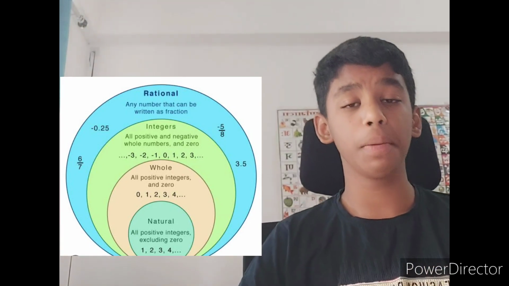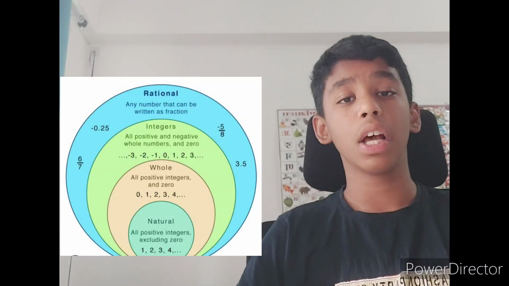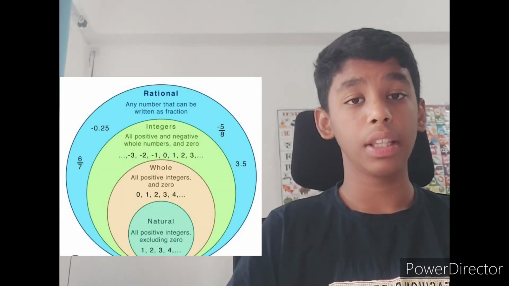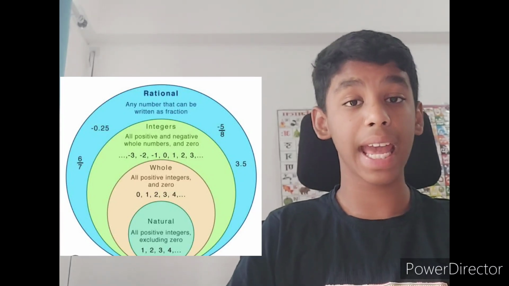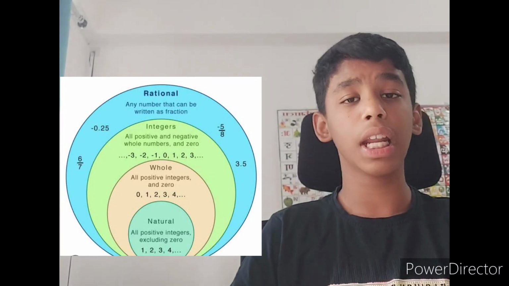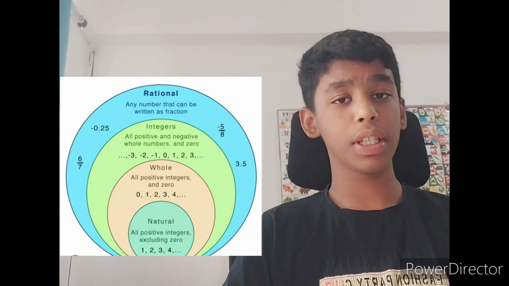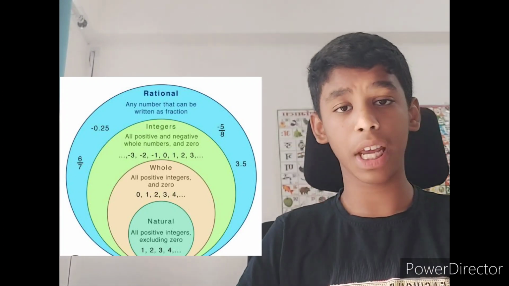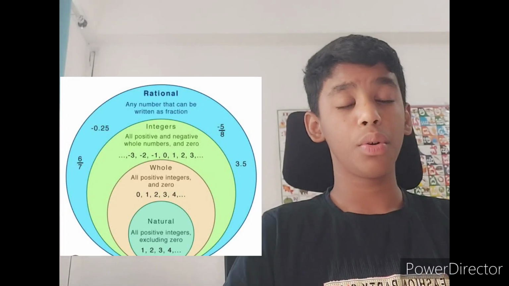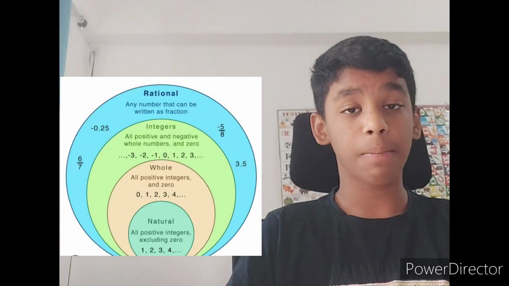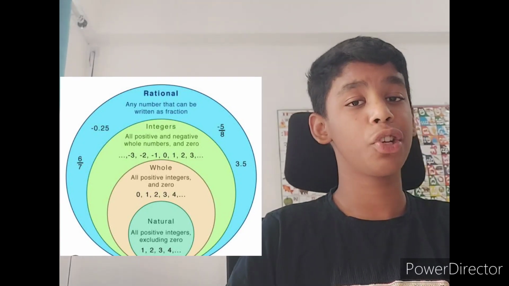There are three properties, which are the closure property, commutative property, and associative property. The closure property is when we add two rational numbers, then the result is a rational number. The same goes for subtraction and multiplication. When we subtract two rational numbers, it will also become a rational number.